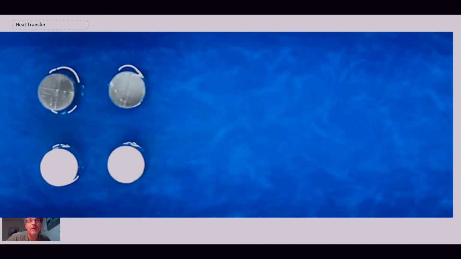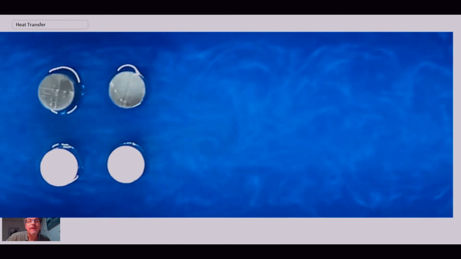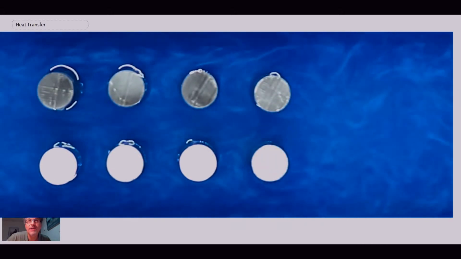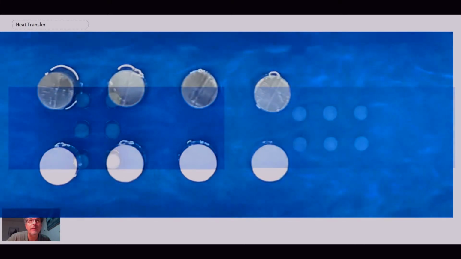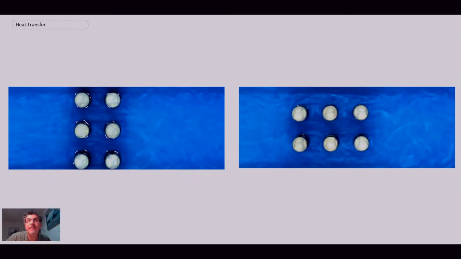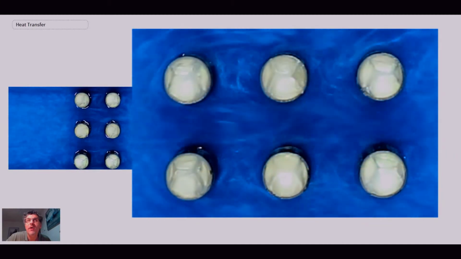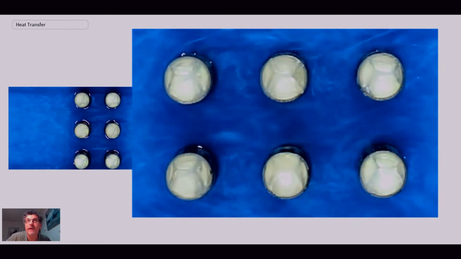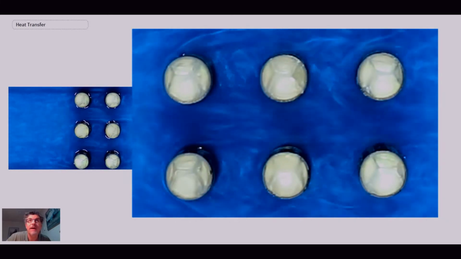We're adding two more, and we continue to add more and more cylinders, but what you'll notice for the inline or aligned is that we have a centerline jetting occurring between the tubes. It's quite prominent and evident under different arrangements that we have this jetting going on between sets of tubes. And then when you zoom in, you can see there are strong recirculation zones between the tubes themselves, and consequently that has a fairly large effect upon the convective heat transfer that occurs.